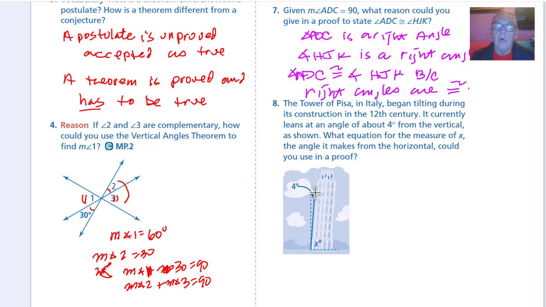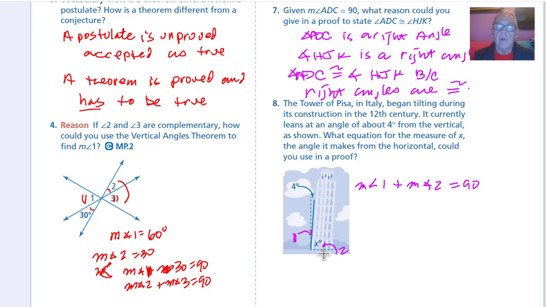Okay, so if originally it was vertical, these two angles together would make 90 degrees. So we call this angle 1 and this angle 2. We have measure of angle 1 plus measure of angle 2 equals 90.